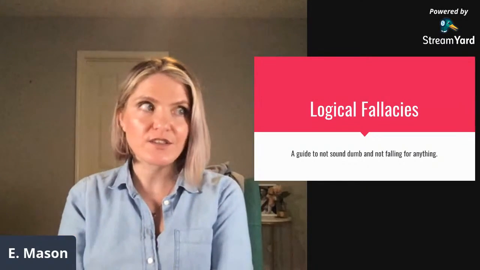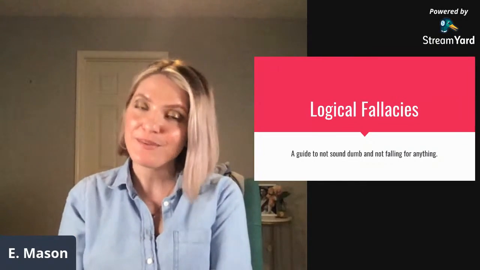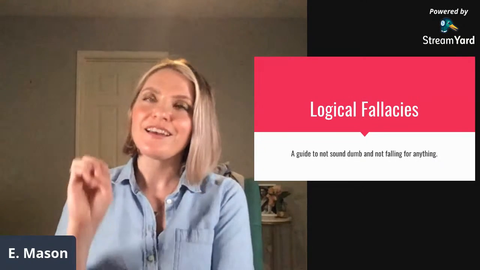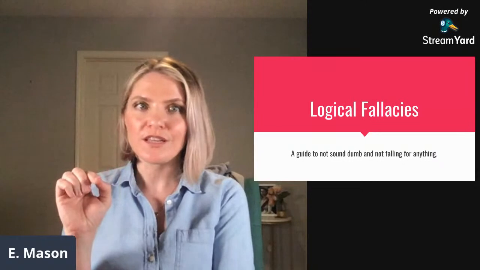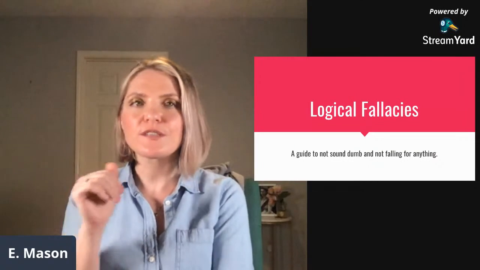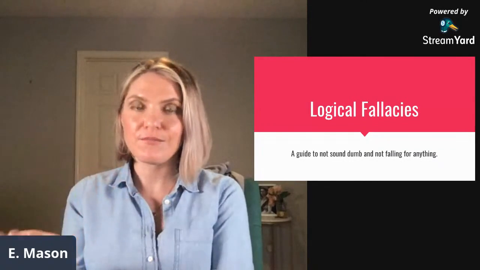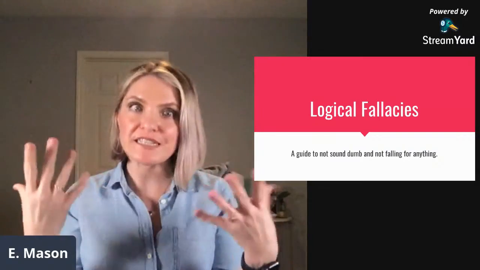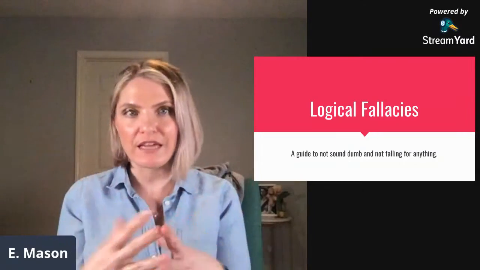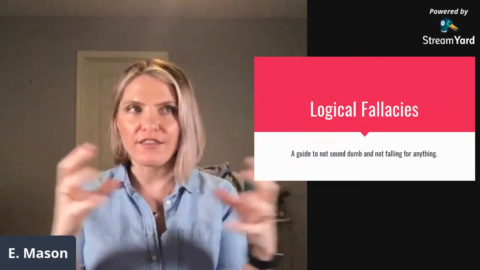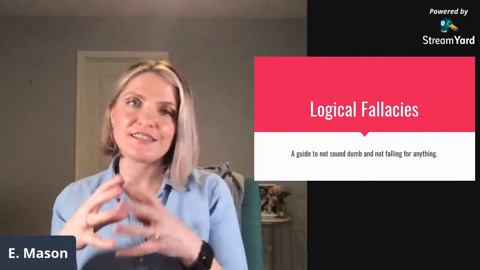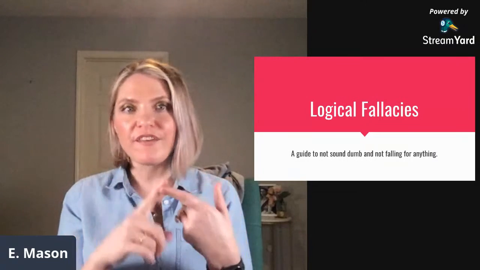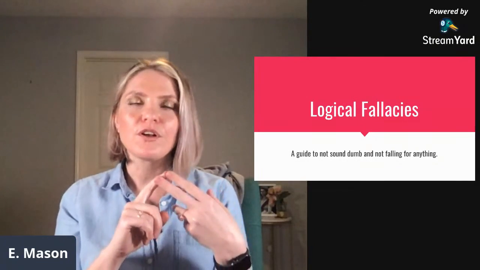So that is why it's called a guide to not sound dumb and to not fall for anything. Before we start, we need to break apart what the actual title of these things means. So it's logical, which is logic, reasoning, rationale, how you think, the thought process. And then fallacies. You might know the word fallacy or fallible.